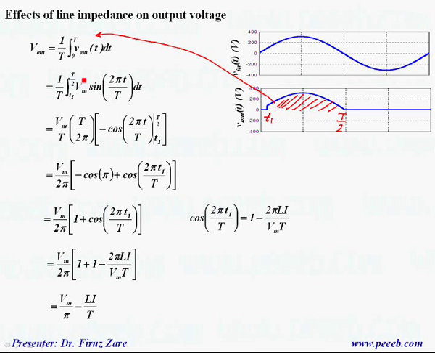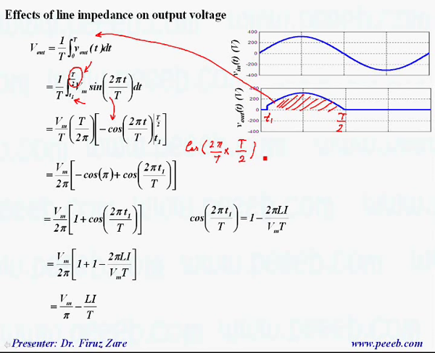So again, the limits of integral is changed. The upper limit is T over 2 and the lower limit is T1. This integral is minus cosine 2 pi T over T. If we put the limits of integral in this equation, for the upper limit we have cosine 2 pi T times the upper limit, which is T over 2.